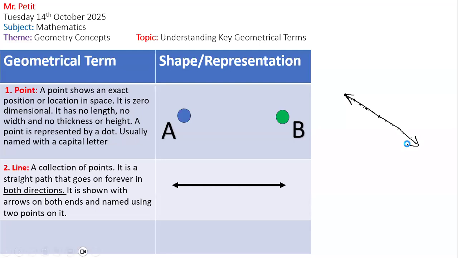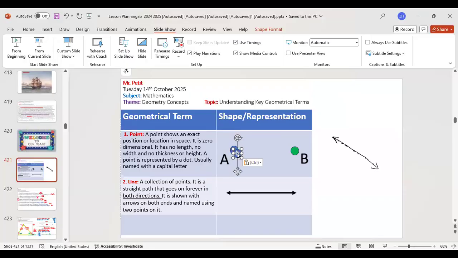So when it's time to label our line, we're going to use our point notation. So we're going to have this here and this here, right? Notice that the points are not at the end, because it's not a line segment. The points are within.